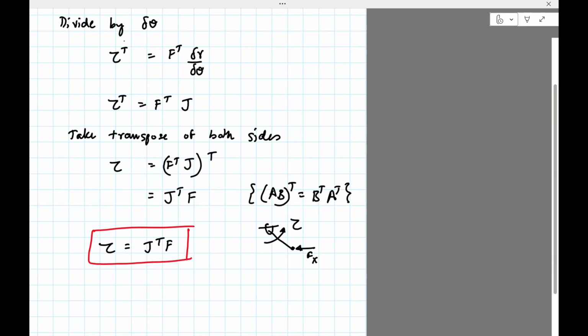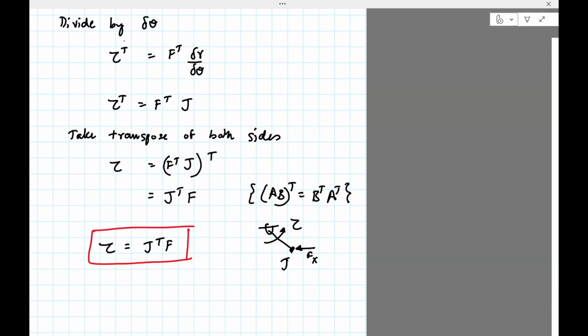You need to find the moment arm and then compute the relation between tau and F by drawing a free body diagram. It turns out you get the same answer if you use this formula, J transpose F. You just need to find the Jacobian of this point, and you're done. You don't need to draw any free body diagram.